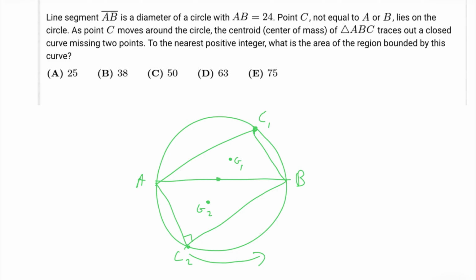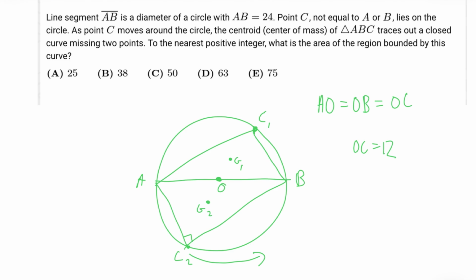The circumcenter has a property which states that it is always equal distance from all vertices of the triangle. So I'm just going to let this circumcenter be O. That means that AO equals OB, which is equal to OC. And because O splits the line AB in half, we know that OC is equal to 12.